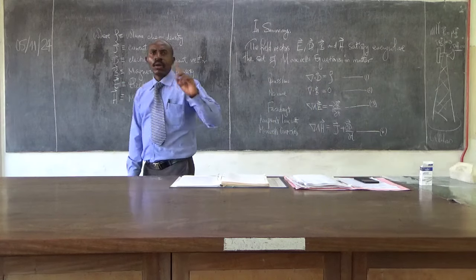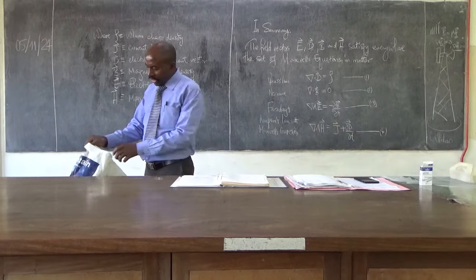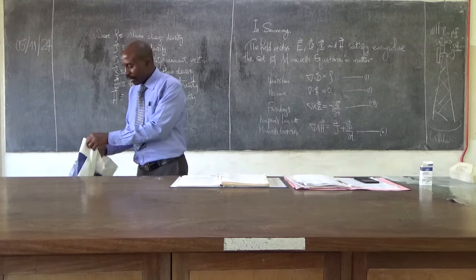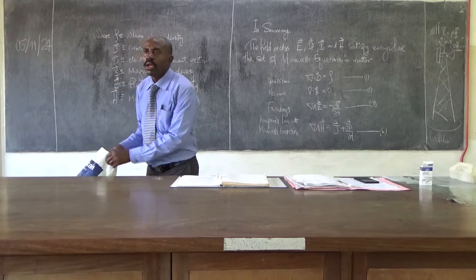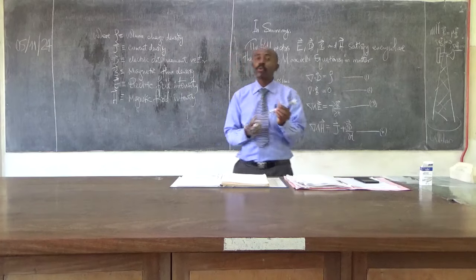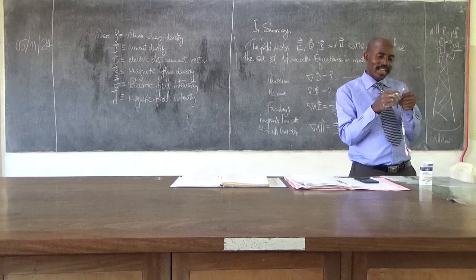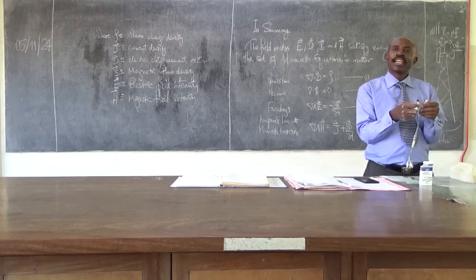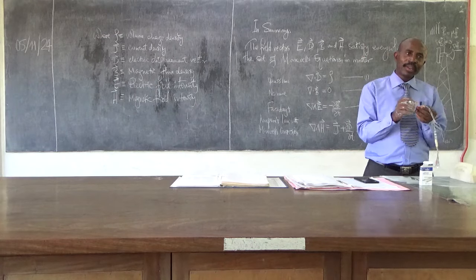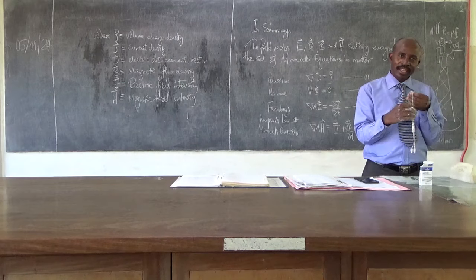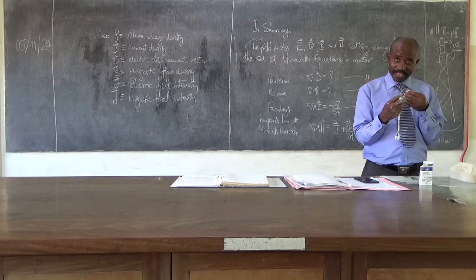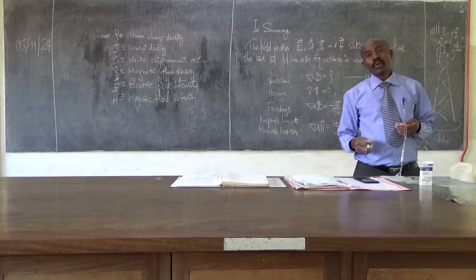So, when you have these fields, you have an electric and a magnetic field. So you have to curl them and fit them in this wire. So we're going to do that.